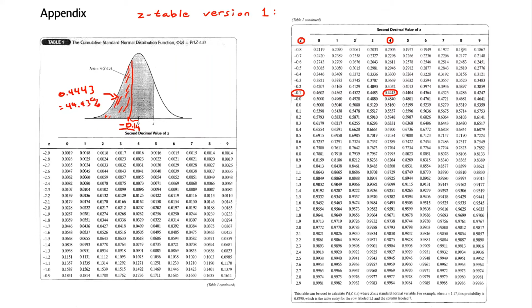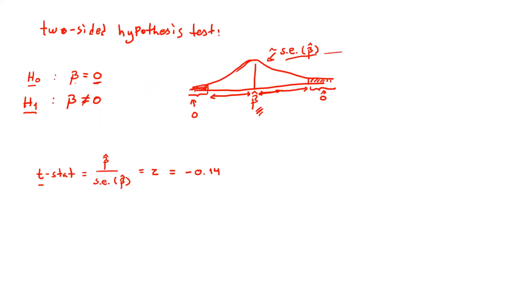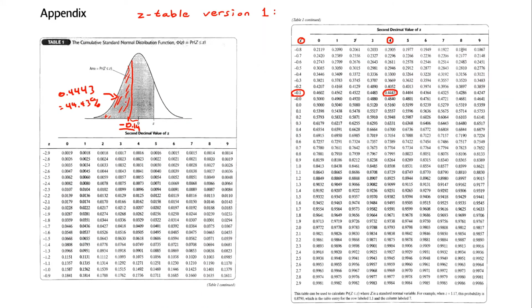And this tells us that if the standard error of this coefficient is correct, then in 44.43% of random cases, we would get a z number less than what we got.